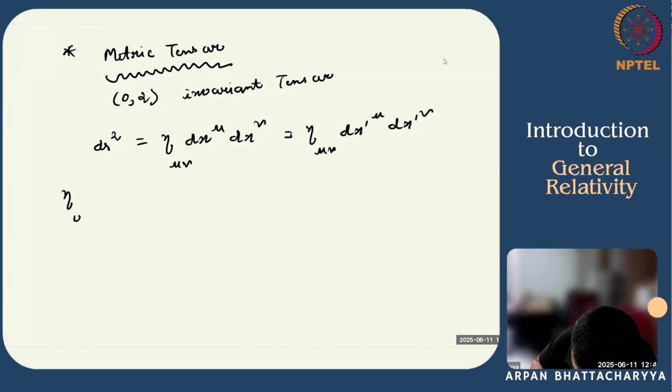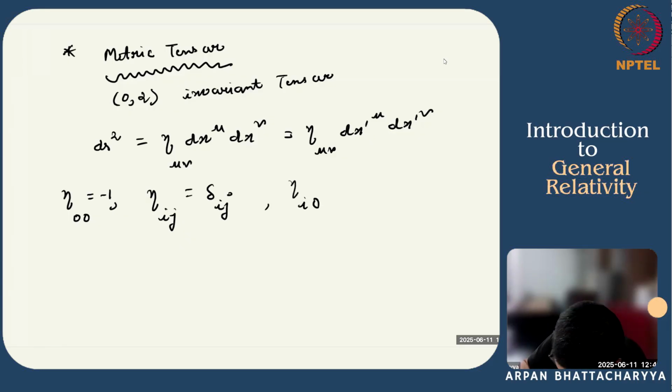So in this case, eta 0 0 is minus 1, eta ij is delta ij, and all the diagonal components are either plus 1 or minus 1, and the off-diagonal components are 0. And it's also symmetric.